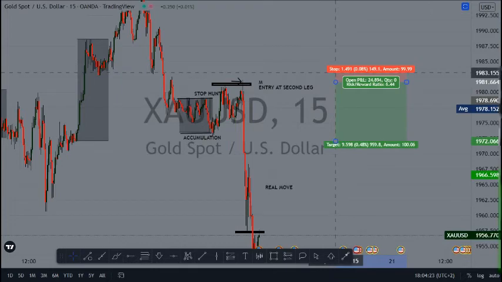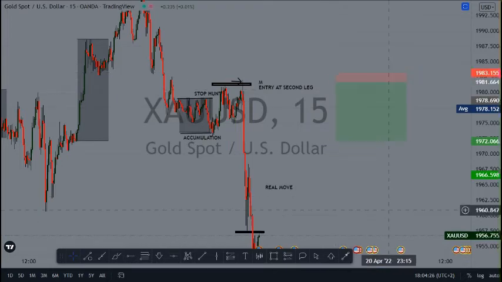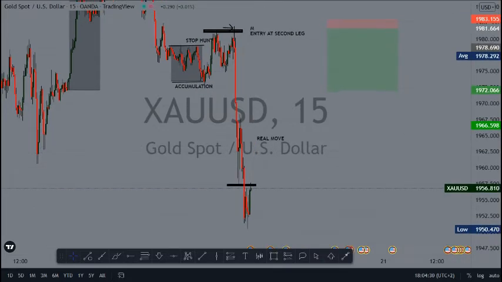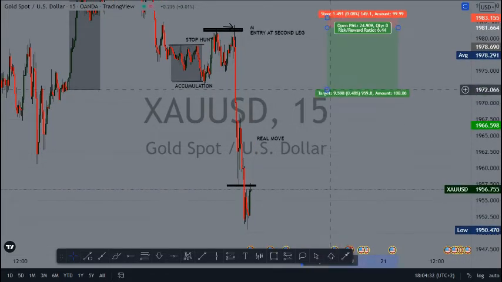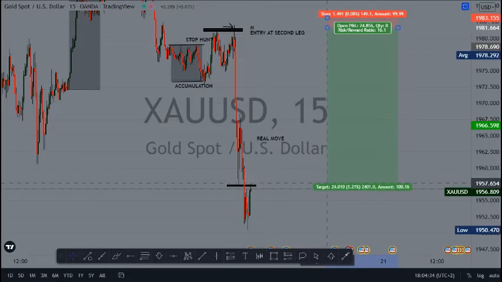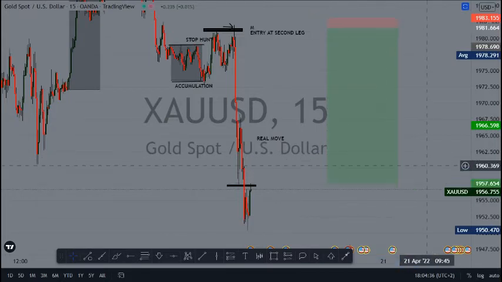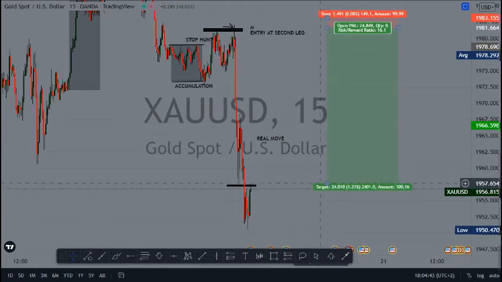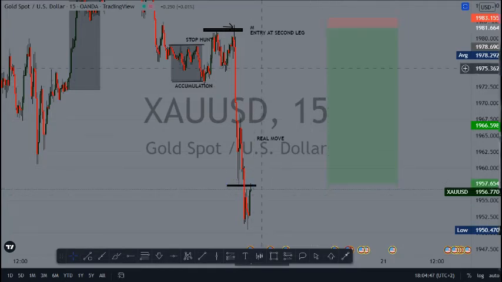Here it's also a nice risk for this trade, and your take profit could have been right here. If you want to swing your trade or hold your trades longer, you will have to trail your stop loss in profit.